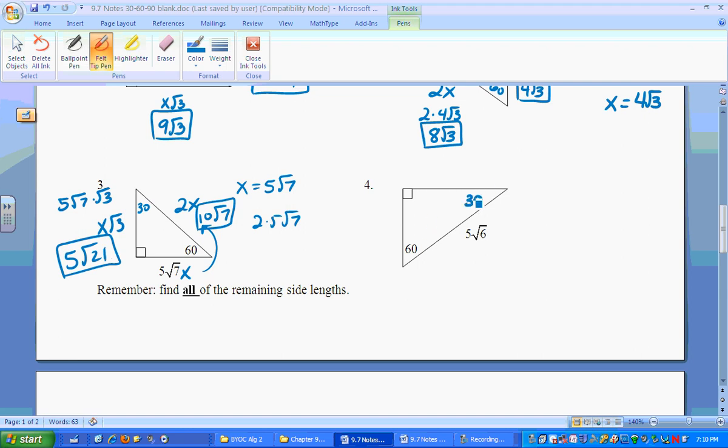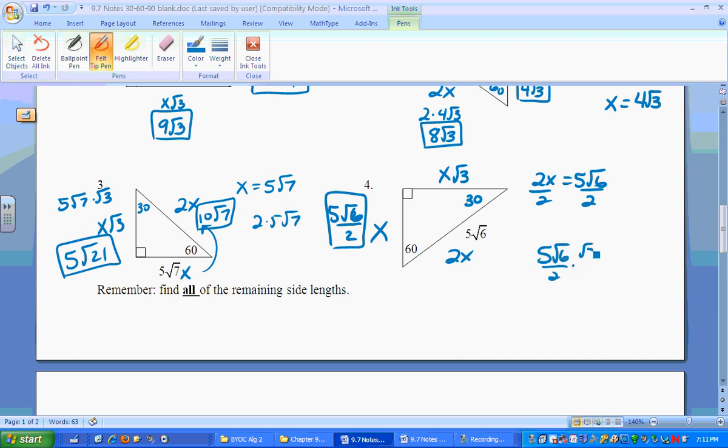Alright, moving on, number 4. 30, 60, 90, superimpose it: x, x root 3, 2x. So we have 5 root 6 equal to the 2x. Divide by 2. Our x side over here is 5 root 6 over 2. This side over here, you're going to be multiplying by root 3. So we get 5 root 6 over 2 times root 3.